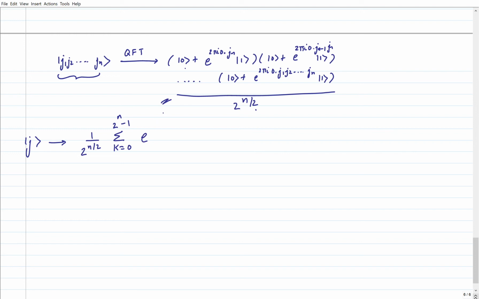Just expanding it out. This guy. And let me express k by 2n in the binary. So k, I'm going to represent it as k1, k2.